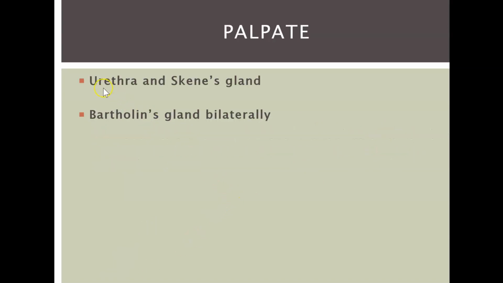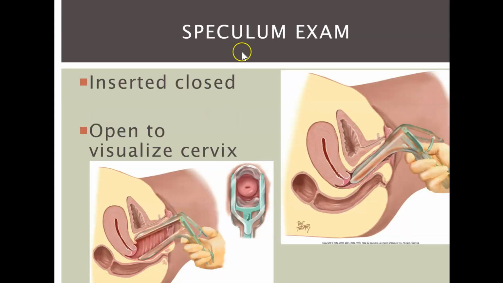Then you're going to palpate the urethra and the Skene's gland and the Bartholin's gland bilaterally. When you do a speculum exam, unless you're working in that area, you may not be able to or need to use a speculum.